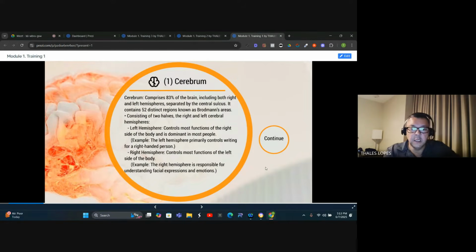For example, the left side is responsible for control of handwriting, and the right side handles more functions like facial expression, which would be a good example of that.